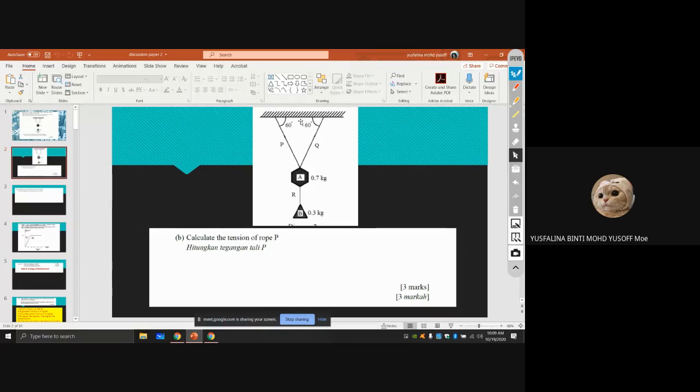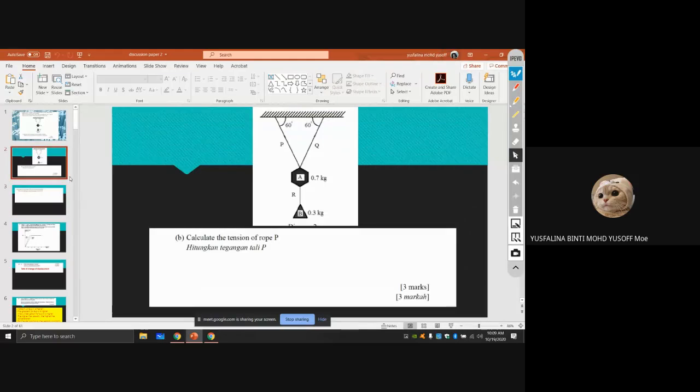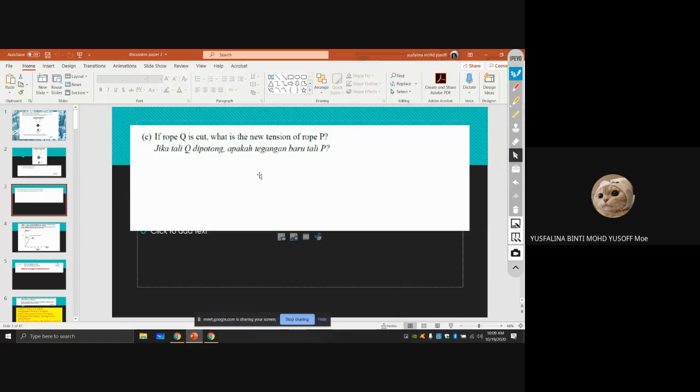Now there is only one rope that still hangs, that is P, so the tension will be only one here, P. To find P, you just use the weight: 0.7 plus 0.3, you got 1 kg, and 1 kg times 10, so the answer should be 10 Newton.